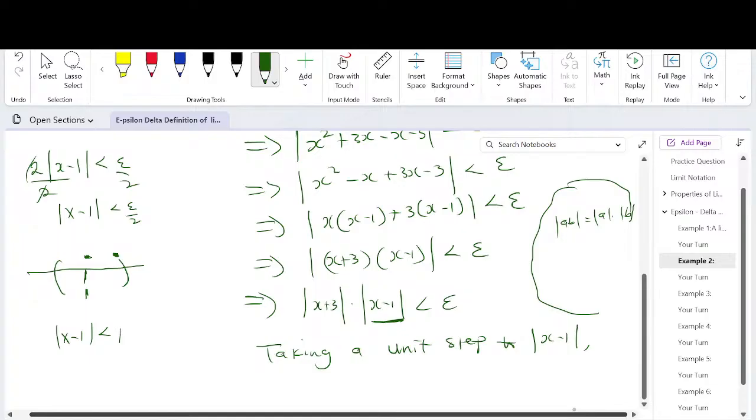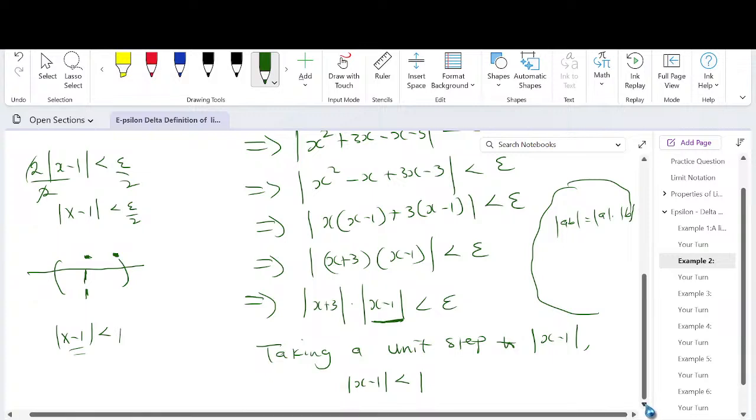That means the distance from the second interval to 1 is more than 3. That is what we are trying to tell you. So since you're taking a unit step, we can say that x minus 1 is less than 1.